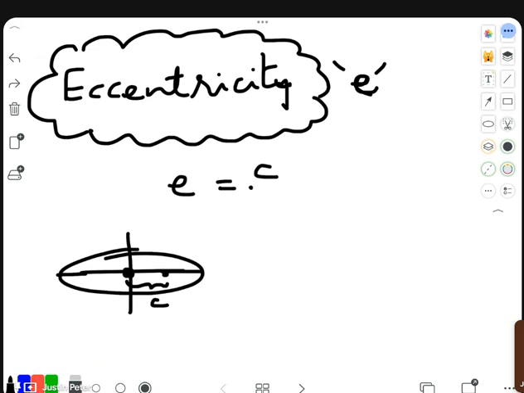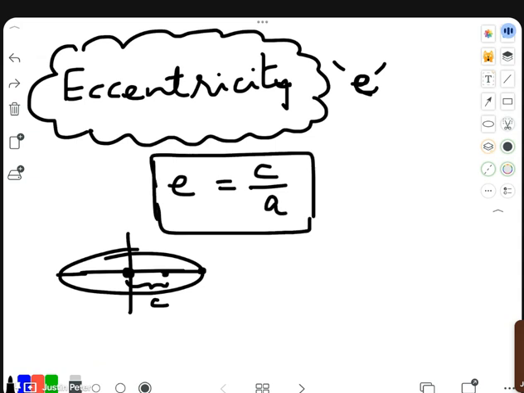The distance from the center to one of the vertices is going to be A. So E equals C by A. Very, very important.